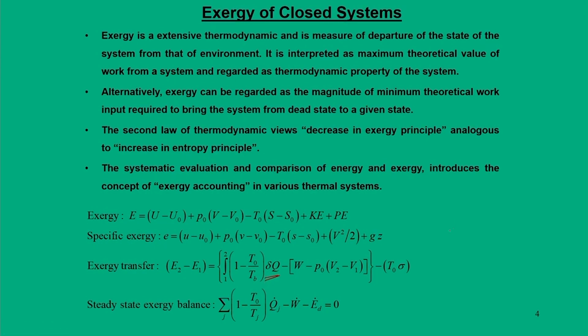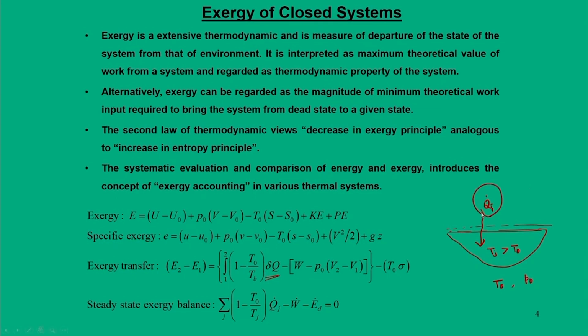For example, say there is a system which exchanges heat with some environment. Q dot j comes as heat into this system at T j, which is greater than T 0. The ambient temperature is T naught and the pressure is P naught.